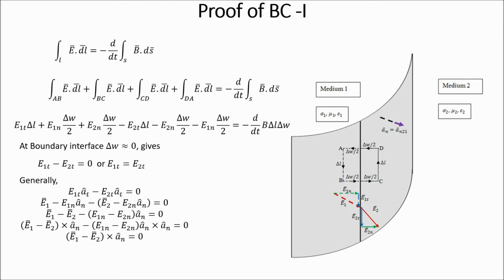We put delta W equal to 0 in the above expression, and we come up with E1t minus E2t equal to 0. That is, the tangential component of the electric field in medium 1 is equal to the tangential component in medium 2. Therefore, the tangential component of the electric field is continuous.